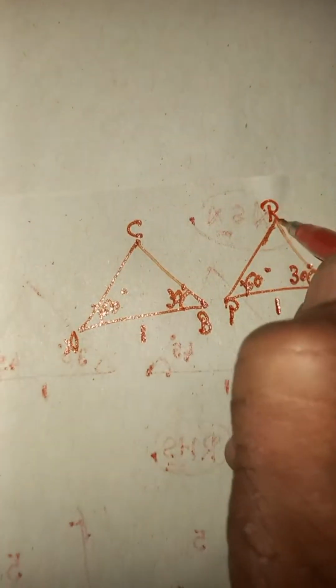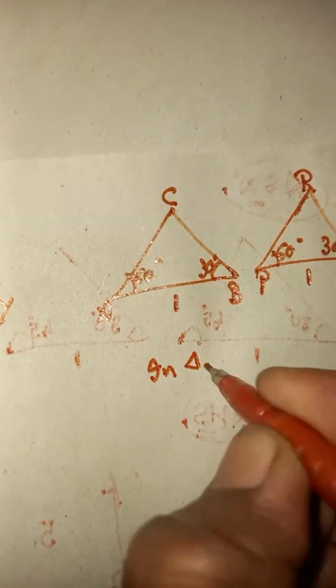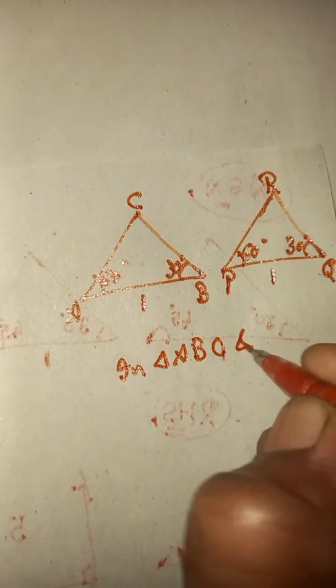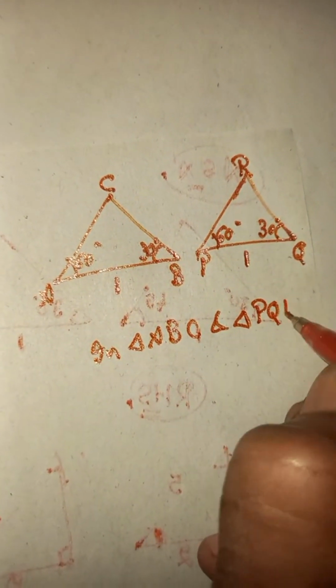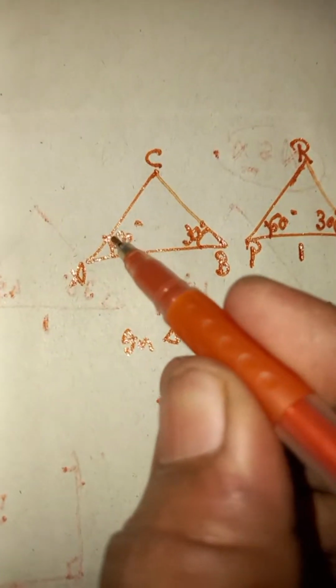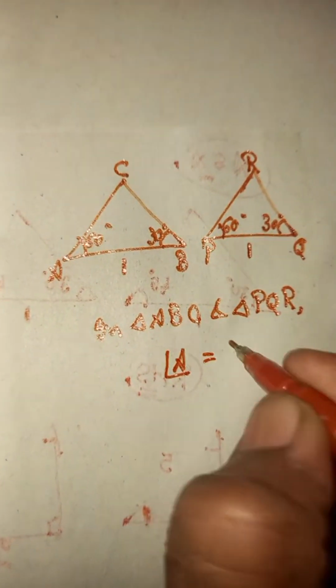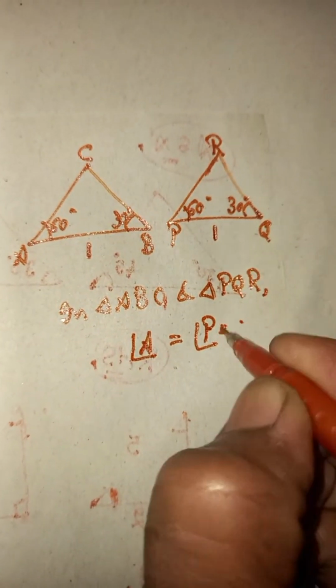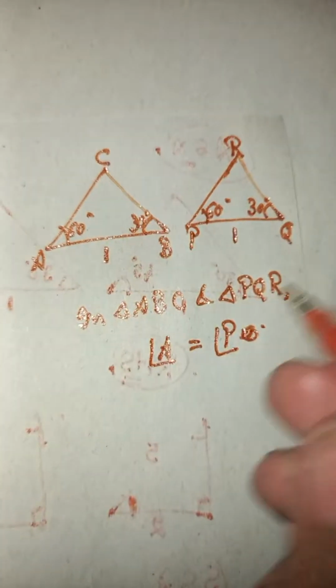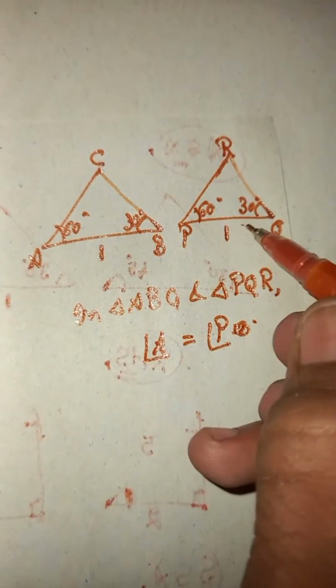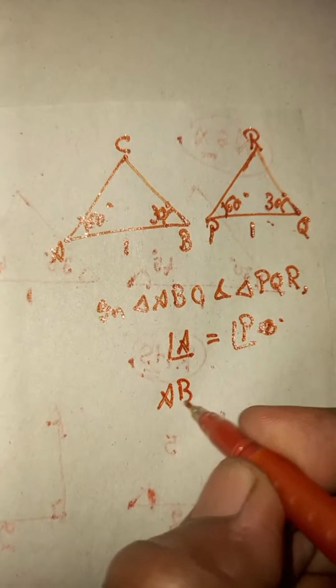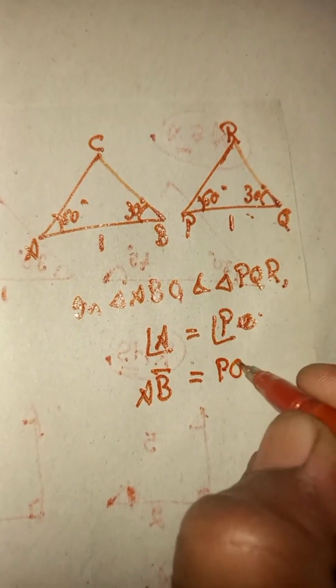In triangle ABC and triangle PQR, they have given angle A equal to angle P. So right here, angle A equals angle P, they are both 60 degrees. And even this in-between side, side AB equals side PQ.